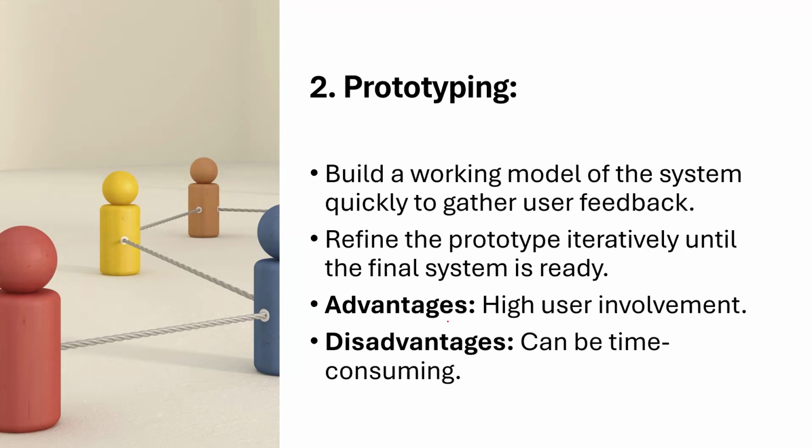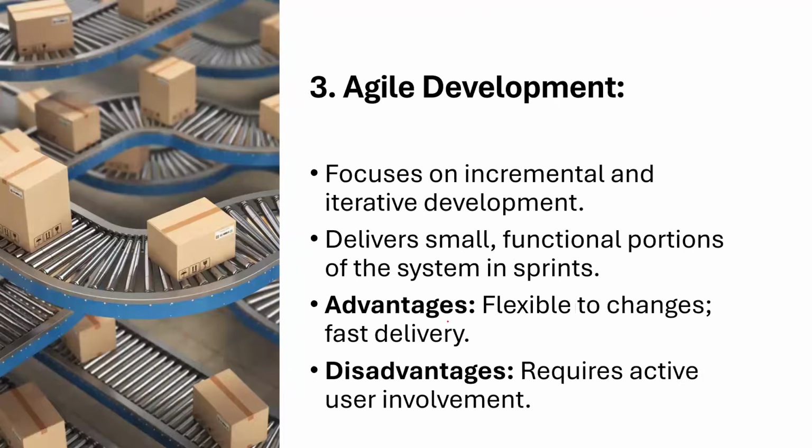If this one does not fit, we change it again. We keep making adjustments and changes until we get what we need. And the advantage is that it has high user involvement because the prototyping involves the users, okay? And the disadvantage is that it can be time consuming, all right? It can be time consuming.